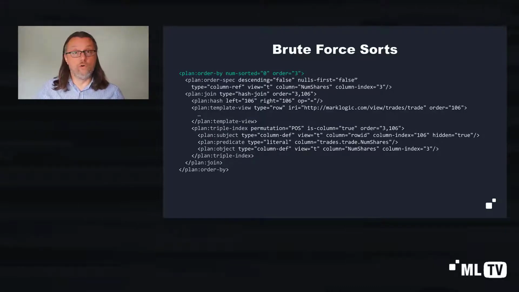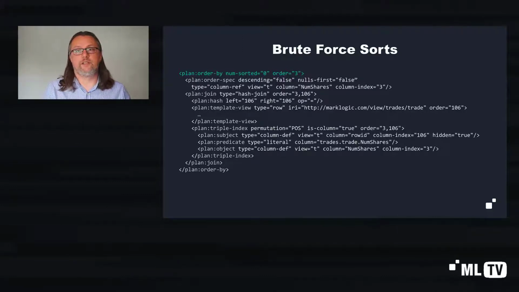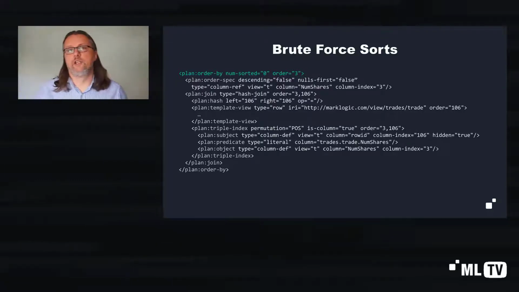Have a look for sorts if you're using sorts. And look for the attribute here, the num sorted equals 0. That means we're going to have to bring all the rows into memory and do a brute force sort in memory, which is a lot less efficient, obviously, than having the query plan provide us with the correct sort order already based on using index sorting and things like that.